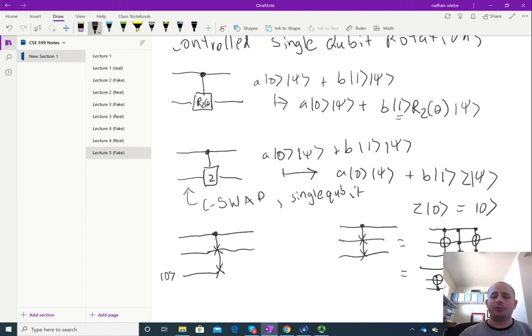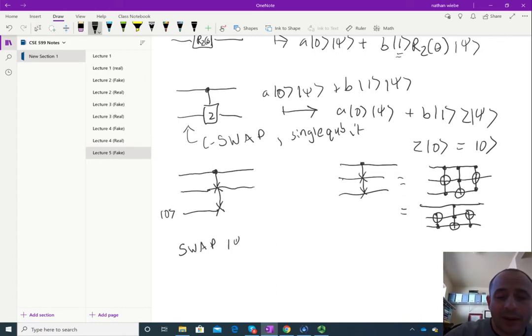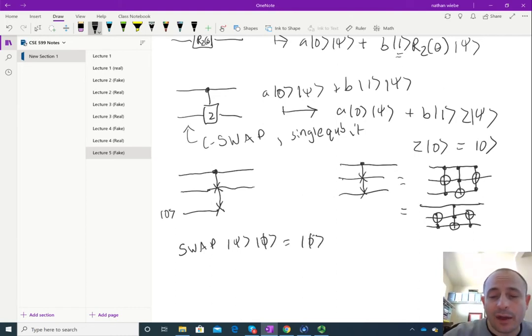But okay, I digress. So this is a controlled swap gate. Now, if we have a controlled swap gate, what a swap gate does is swap acting on |psi>|phi> equals |phi>|psi>. Okay, so it just switches the two. So we do a controlled swap. Then what we do is we apply a Z gate down here and then controlled swap back.